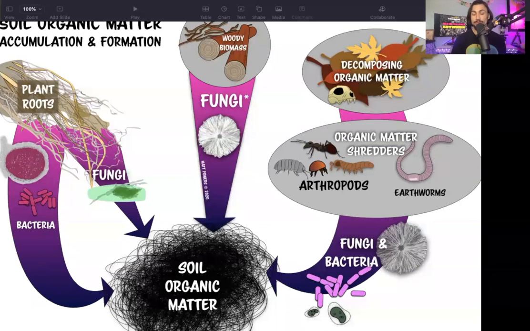It's the plant roots releasing those exudates. It's the fungi breaking down woody biomass. It's the decomposition of organic matter, and it's all facilitated by the biology, the saprophytes, mycorrhizal fungi, and it's that carbonaceous sugar that's initially created through photosynthesis and structure through the growth of that plant that actually fulfills all of these, right?